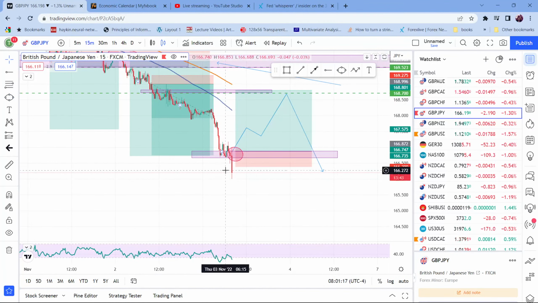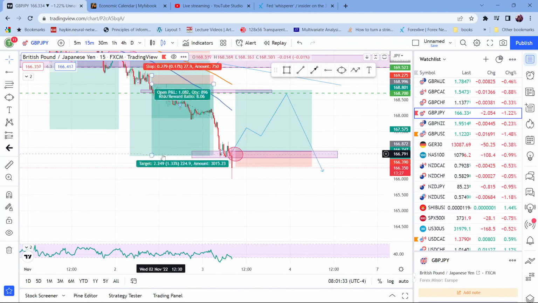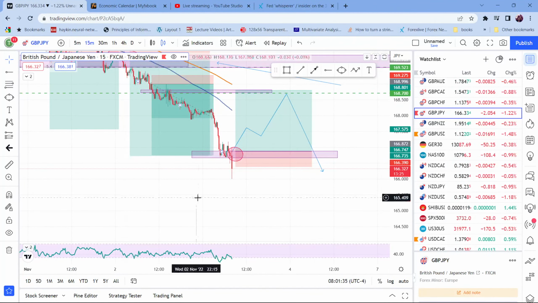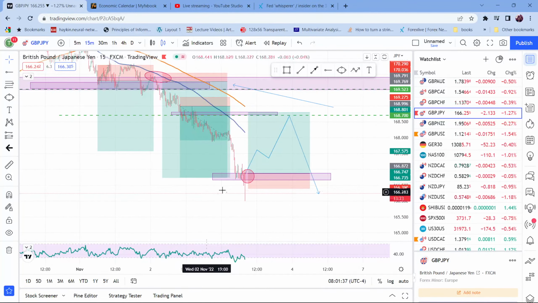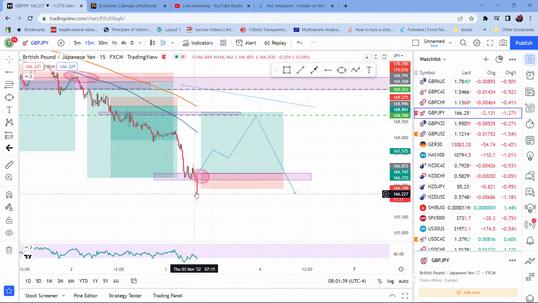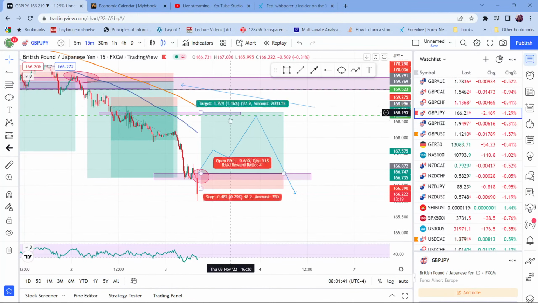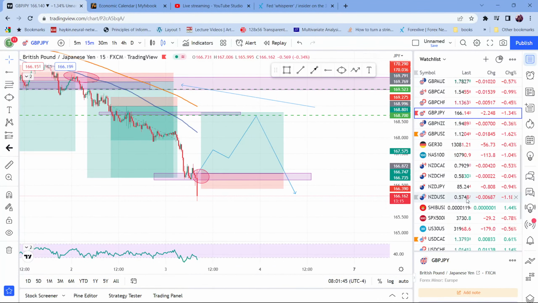If price manages to wick back up here, then I think that will be enough to make a confirmation. If we close back here, that's a confirmation for a continuation higher. So price is pulling back right now, and I'll take a position if we manage to close back into this area. This would be a good setup for the pullbacks.